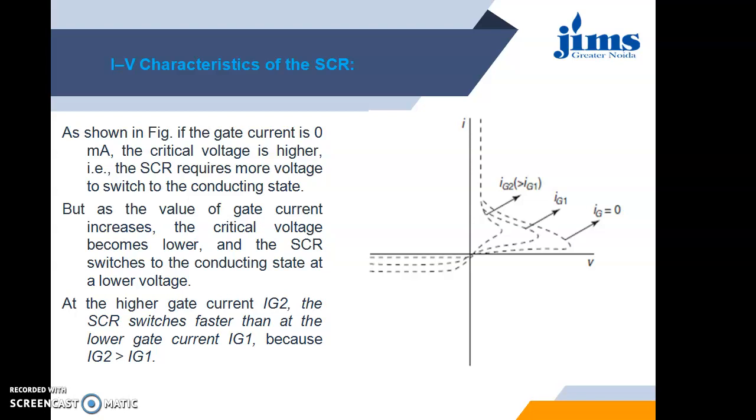But if the gate control voltage or current is increased, the voltage required for conduction, the critical voltage, is lowered. And as we keep on increasing the gate current, the anode voltage requirement is further decreased. So this is the VI characteristics of SCR.